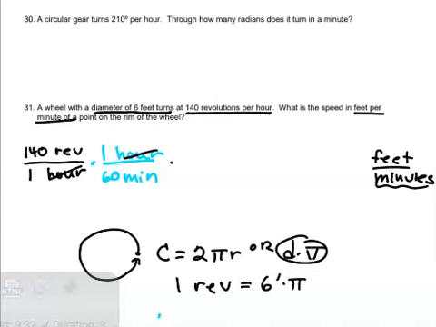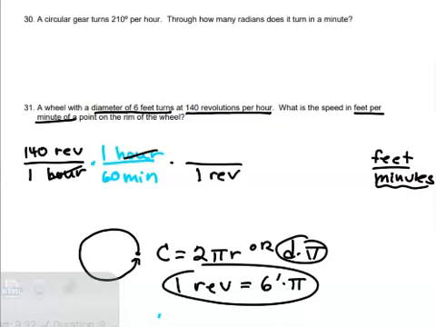So I'm going to put the revolution on the bottom because I want those to cross off. But 1 revolution is equal to 6 pi feet. All right, and now I have my feet and my feet.